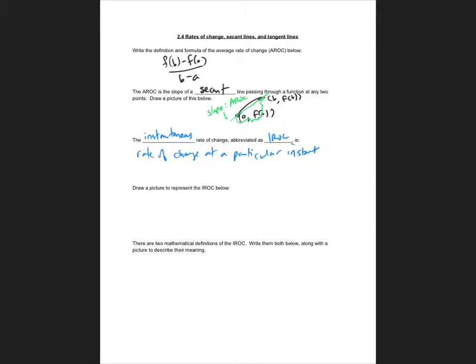Now, what I'm going to draw here is just sort of an illustration of how we deal with an instantaneous rate of change, and don't write this down unless you just want to, but then I'm going to draw at the end a representation of what the IROC actually looks like.